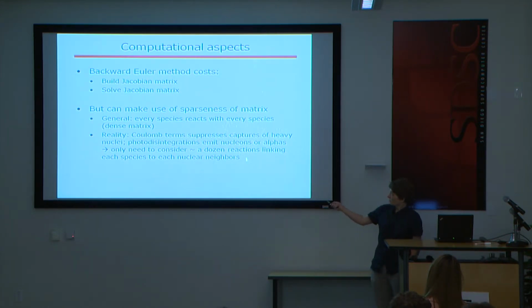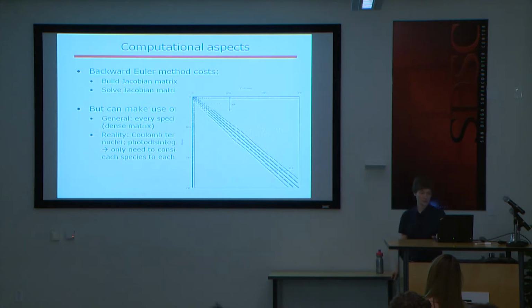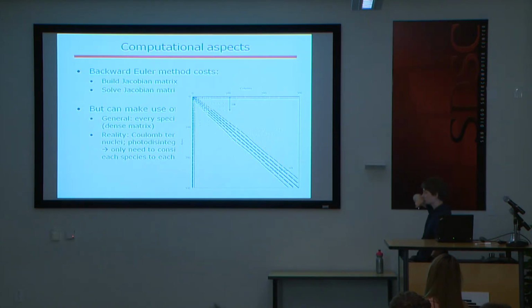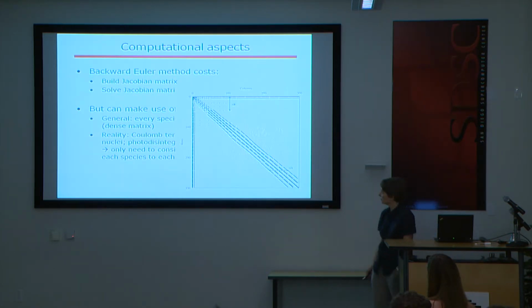So by making use of what we know about the system, this is a representation of the matrix where each column and each row are the species you're following. In this example, you'd be following 300 species, and wherever you have non-white space in here is where you have a reaction that can take place and where you have a non-zero matrix element.